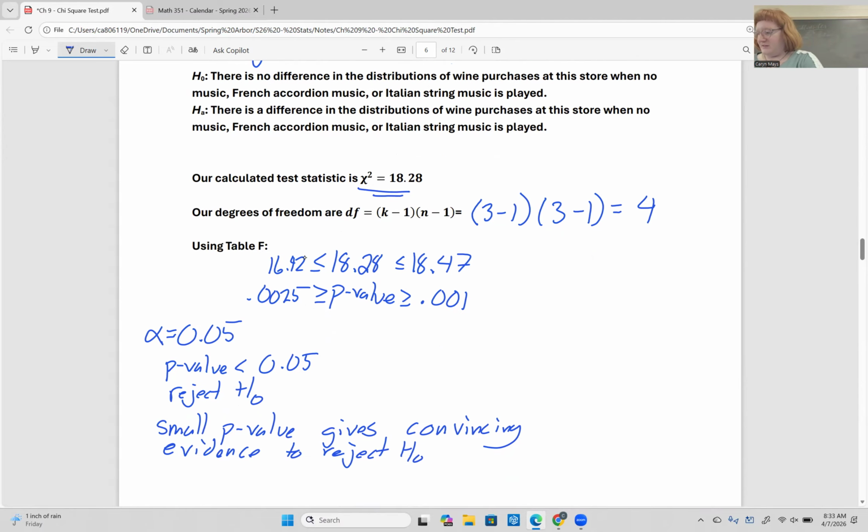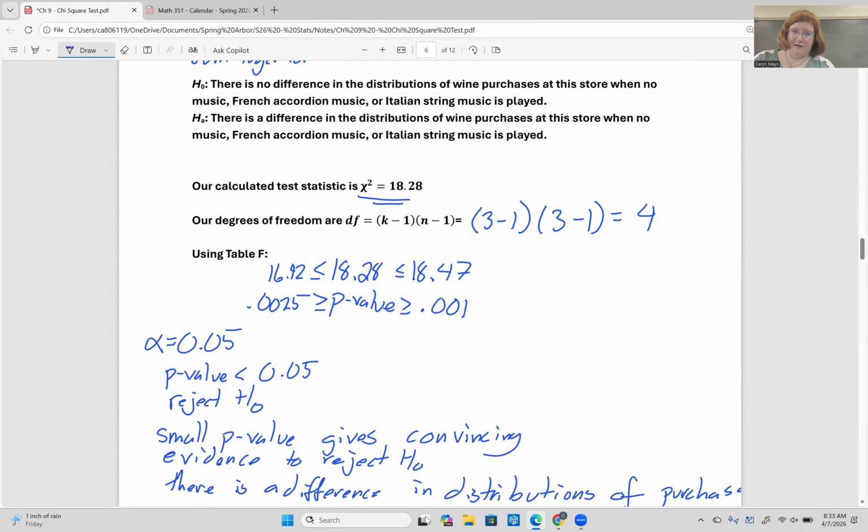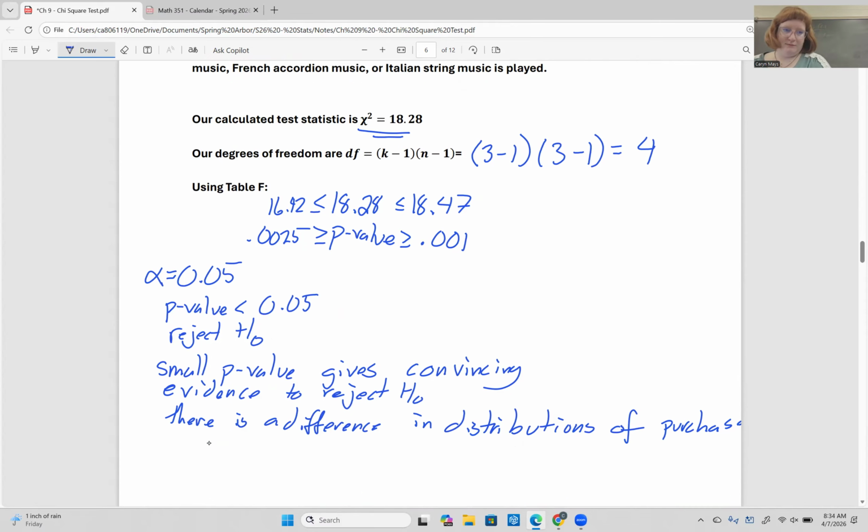So there is a difference in the distribution depending on the music played. Music makes a difference.